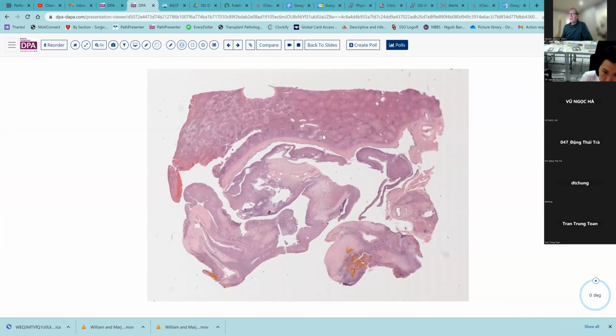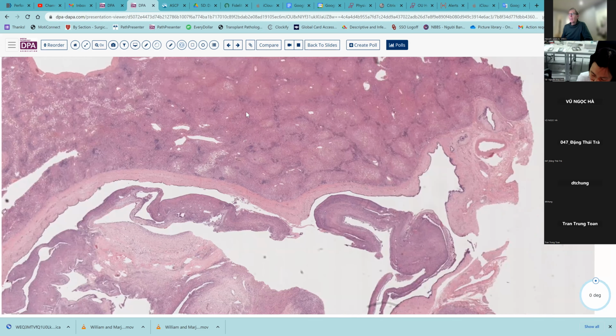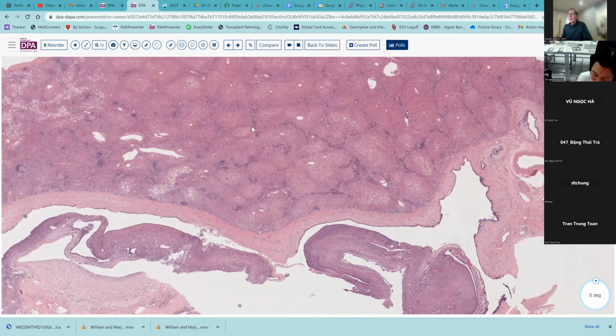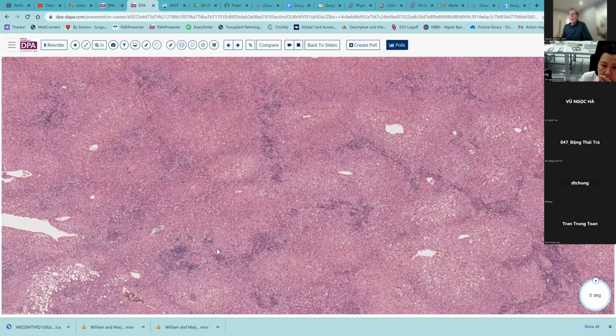Here's one more example, and this one is actually within the liver in the biliary tract. So here you can see liver tissue, that sort of nodular tissue. Up here, we have a little bit of inflammation associated with the portal tracts and so forth.